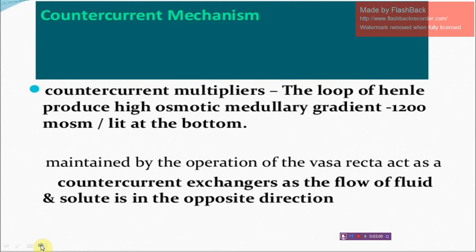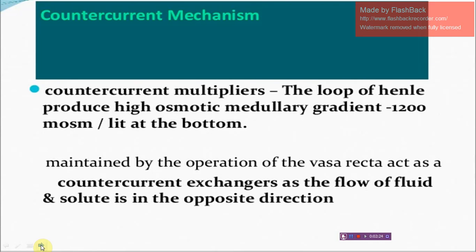Now the countercurrent mechanism. One is countercurrent multipliers and another is countercurrent exchangers. Countercurrent multipliers means the loop of Henle produces a high osmotic medullary gradient. It is 1200 milliosmol per liter at the bottom.